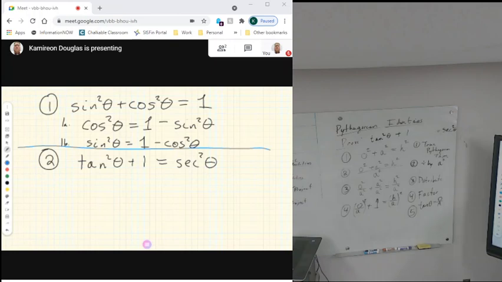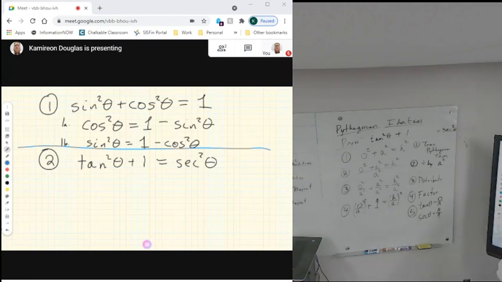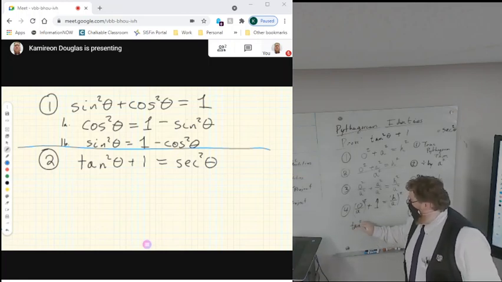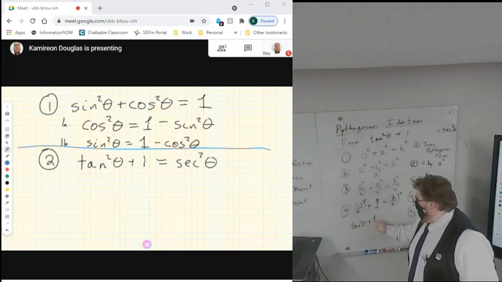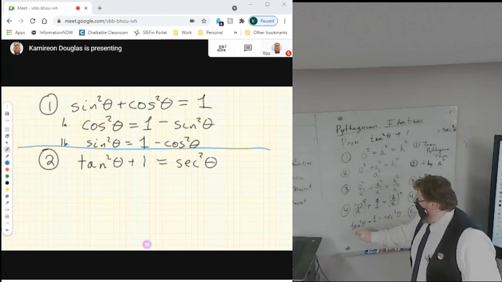It's going to be one of the alternative ones because the h is on top. So in this case, it is secant. You notice it is a flipped version of cosine. Cosine is a over h. This is h over a. So I use secant. The left-hand side becomes tangent squared plus 1. The right-hand side becomes secant squared, which is exactly what we thought it would be.